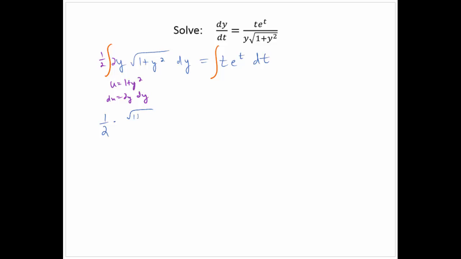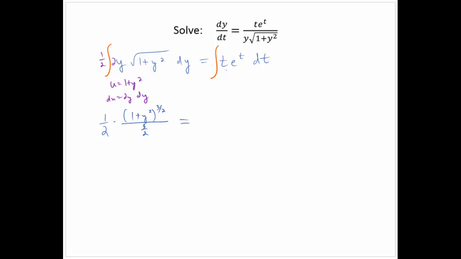The antiderivative of u to the 1/2 is u to the 3/2 over 3/2. So I'd have 1 plus y squared to the 3/2 over 3/2.